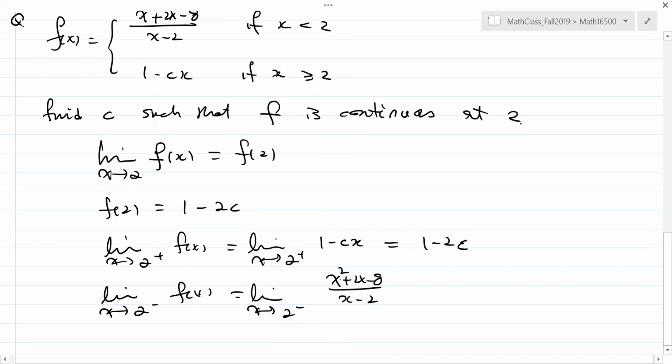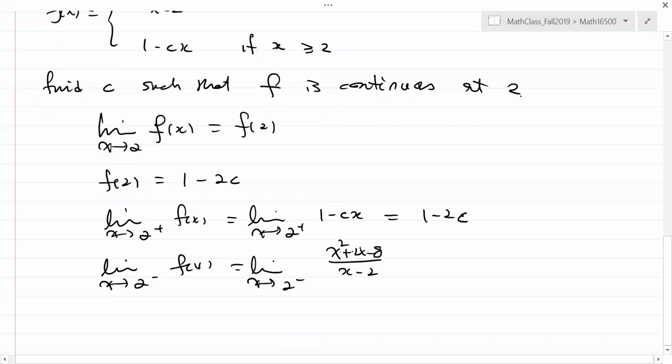But for this problem, it's possible to get a limit when x approaches 2. The reason is the top is x minus 2 times x plus 4, so x minus 2 cancels out. So this is just the limit as x approaches 2 from the left of x plus 4, which is 6. So the limit is 6.